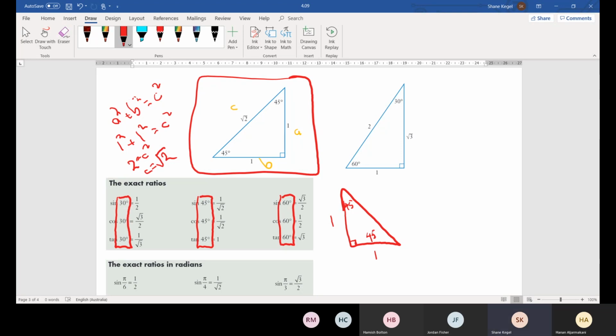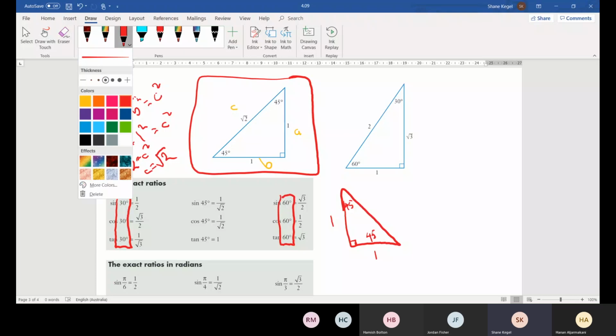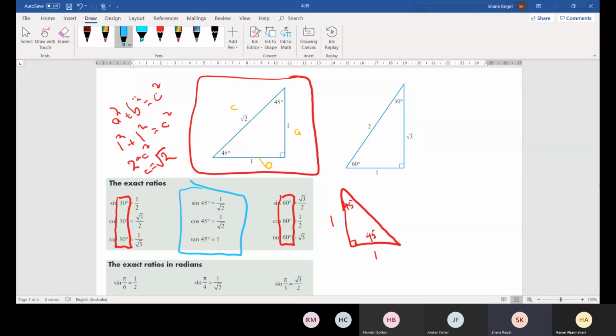So we're looking at the middle column at the moment, and this triangle helps us to derive our exact ratios. And these triangles are on your HSC reference sheet, so you don't need to remember the triangles, but it won't actually tell you these ratios. You'll just need to be able to calculate them given the triangle.